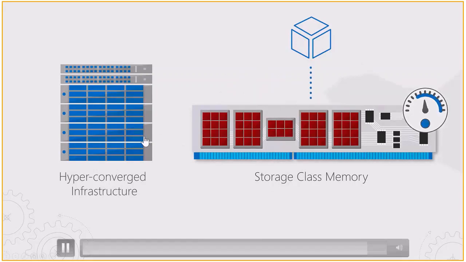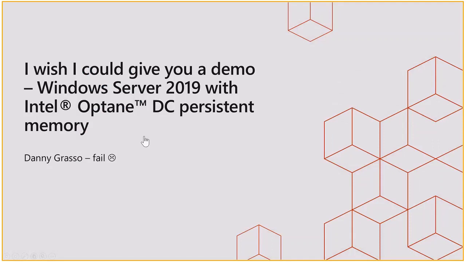So you can have tiered storage in Windows Storage Spaces Direct. So in a hyper-converged infrastructure, your performance can be improved dramatically around just using this type of memory. I really wish I could give you a demo of Server 2019 with, and it's called Intel Optane DC Persistent Memory.